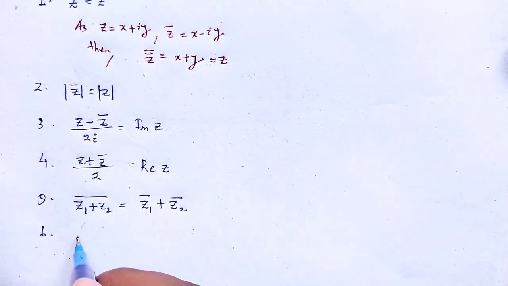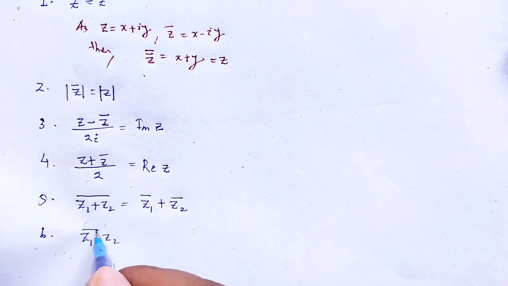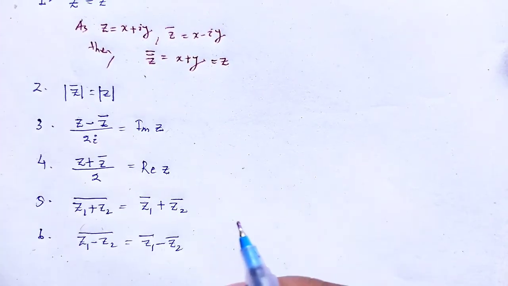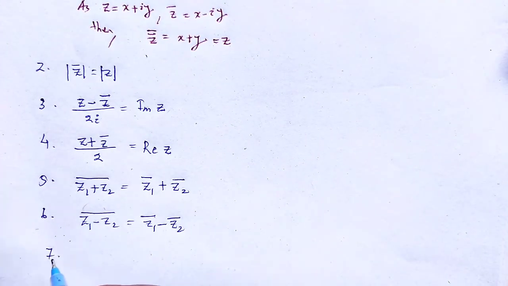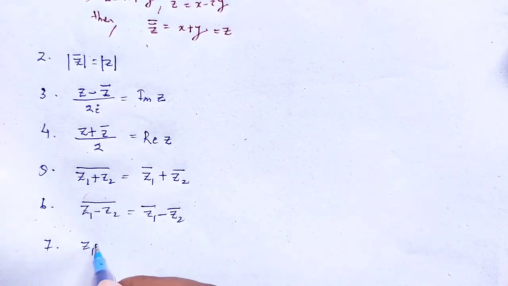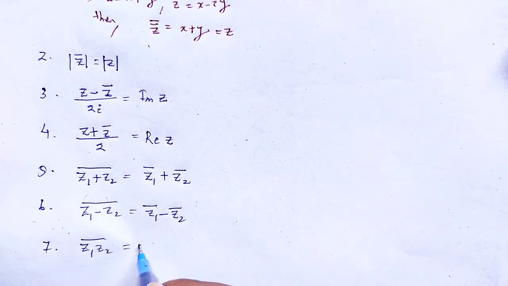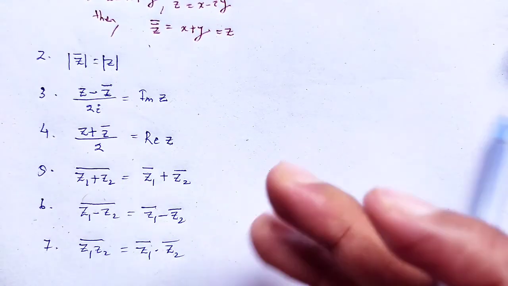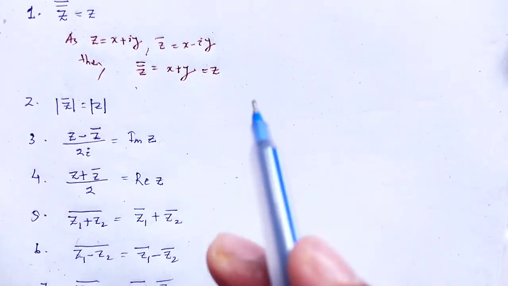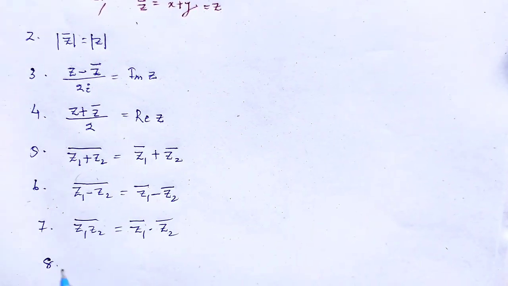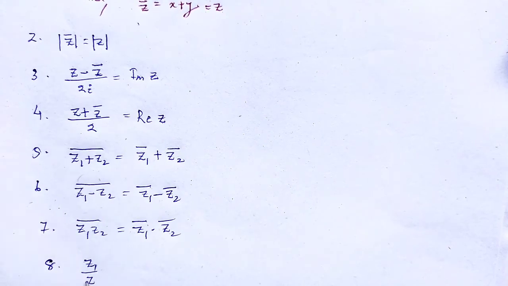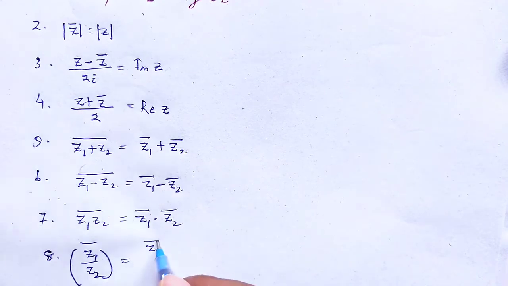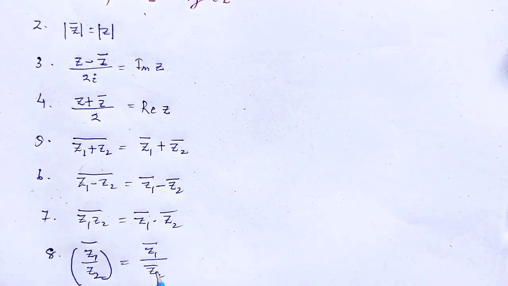Property number 6: z1 minus z2 conjugate is equal to z1 bar minus z2 bar. Property number 7: multiplication, z1 z2 conjugate is equal to z1 conjugate into z2 conjugate. These properties can be proved like this. Again, z1 divided by z2 conjugate is equal to conjugate of z1 divided by conjugate of z2.